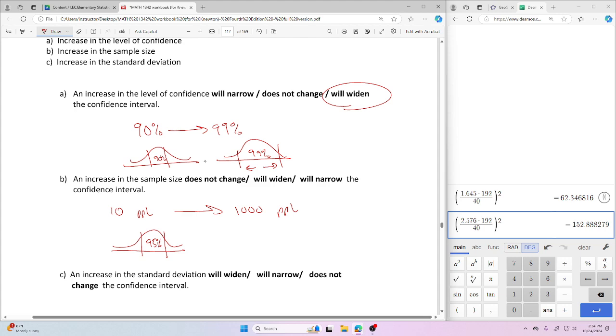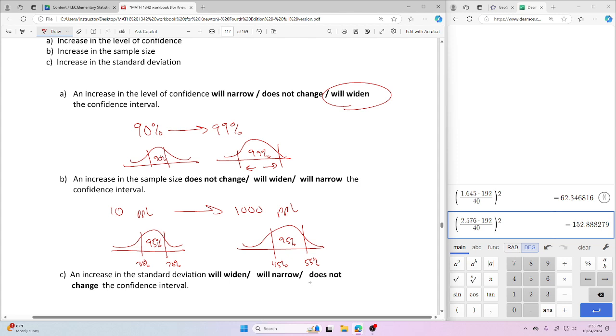So let's do percentages again. I'm going to say 30% all the way to 80%. Something like that, 70% of Americans are female. I'm just making up an example here, right? But if I surveyed 1,000, then I could definitely hone in on the amount of people, 95% still, but now I'm going to say 45 to 55% because I have a lot more to sample from. Is that okay?